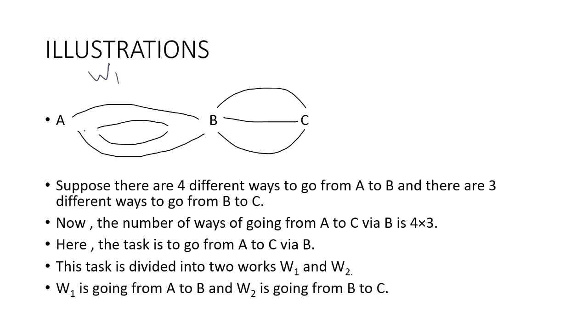W1 is to go from A to B, W2 is to go from B to C. In order to complete the task, we have to perform W1 and W2. The number of ways of going from A to C is the number of ways of going from A to B times the number of ways of going from B to C, which is 4 times 3.